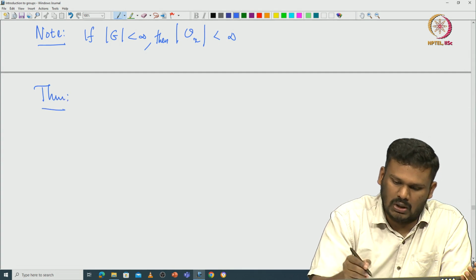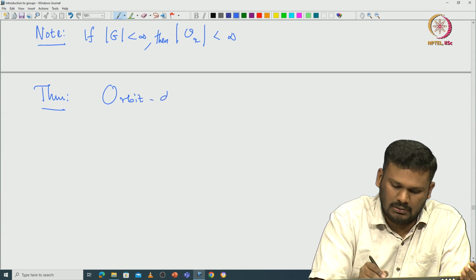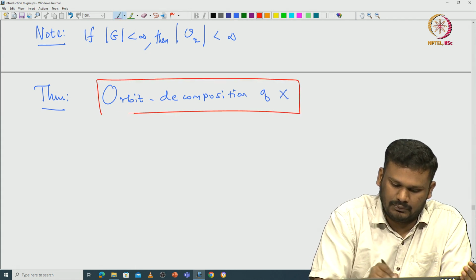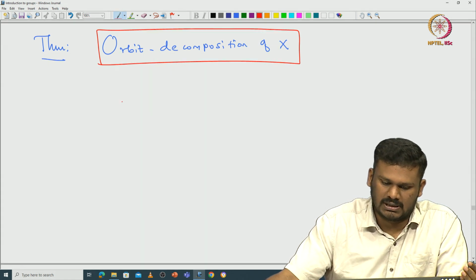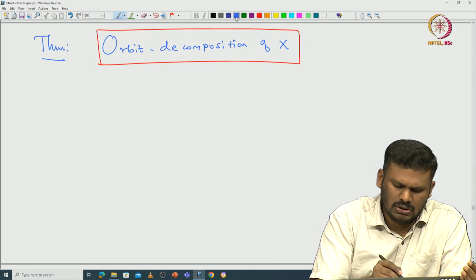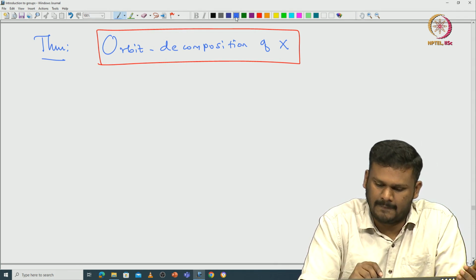So this is called orbit decomposition of capital X. Okay. So let us see what we are getting. So for x in X, we have this orbit of x. Okay.